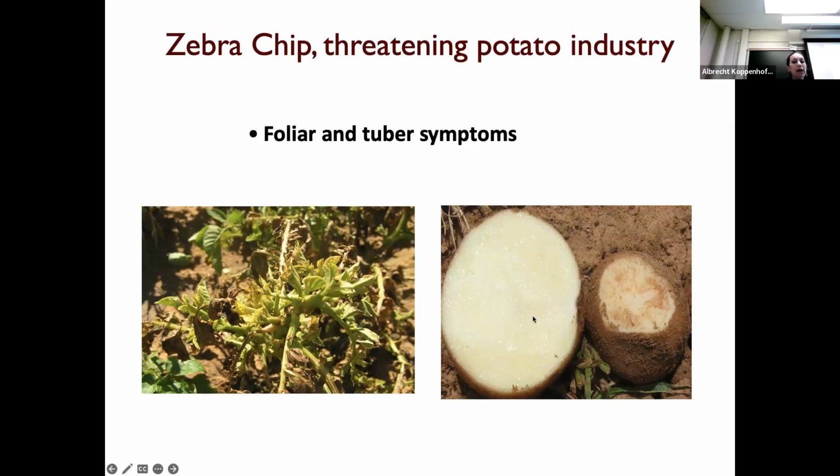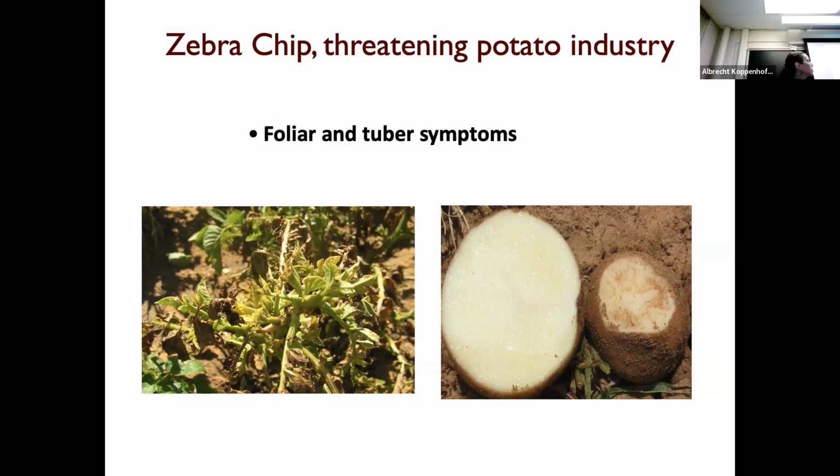Here we have a tuber from a healthy plant and a tuber from an infected plant. The first thing that you can already observe is the difference in size. So the disease has a fitness cost for the plant; yield is reduced. The other thing that you may see in some varieties are these stripings. This is not soil. That is the tubers having a discoloration.